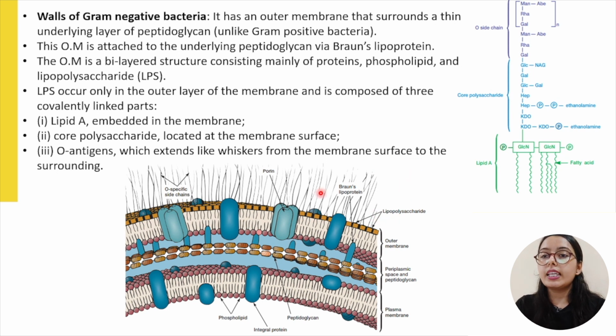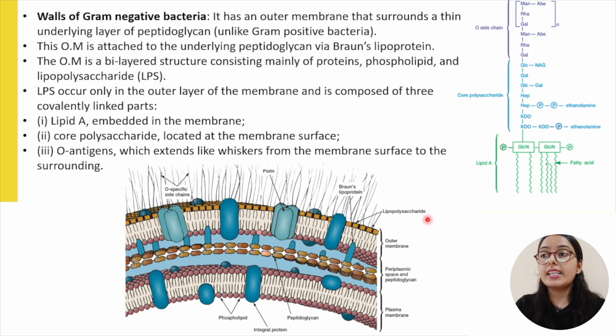As you can see in this image of a gram-negative bacterium, there is a plasma membrane, then a peptidoglycan layer, and then an additional outer membrane. As we discussed, the most important part of the outer membrane is the lipopolysaccharide, and in lipopolysaccharide again there are 3 important components.